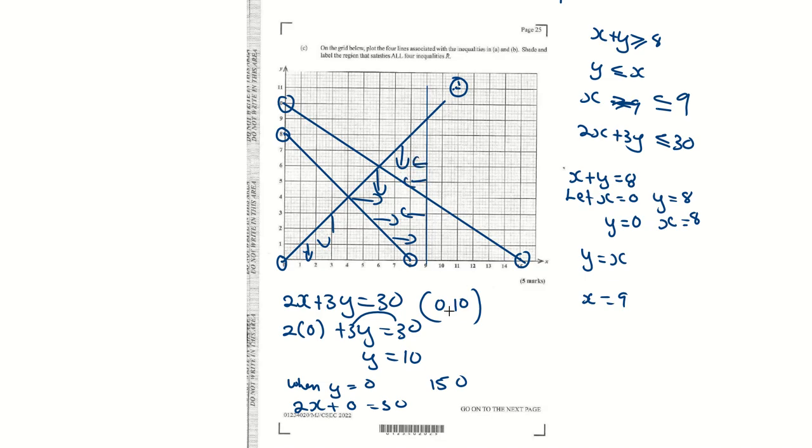And then the last one, when you combine these two, it would be less than or equal to 30. So you're looking below that line. That's this region here. So which is the region that satisfies all these? That would be right here. So this is the region, let me put it in black, for R. That would be where R is located.